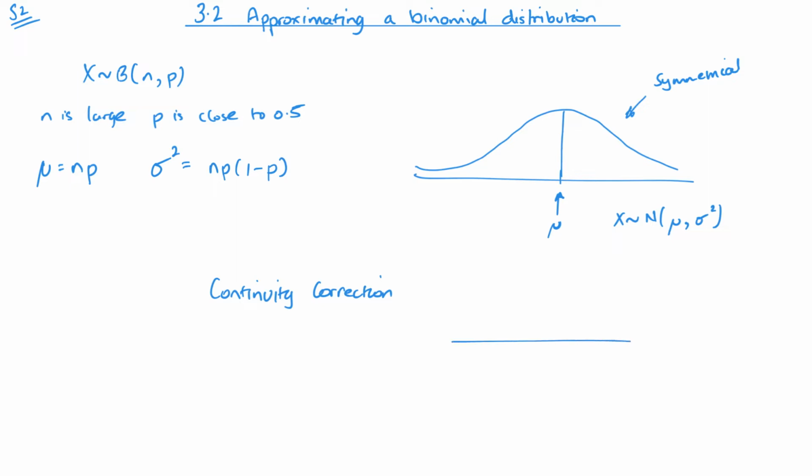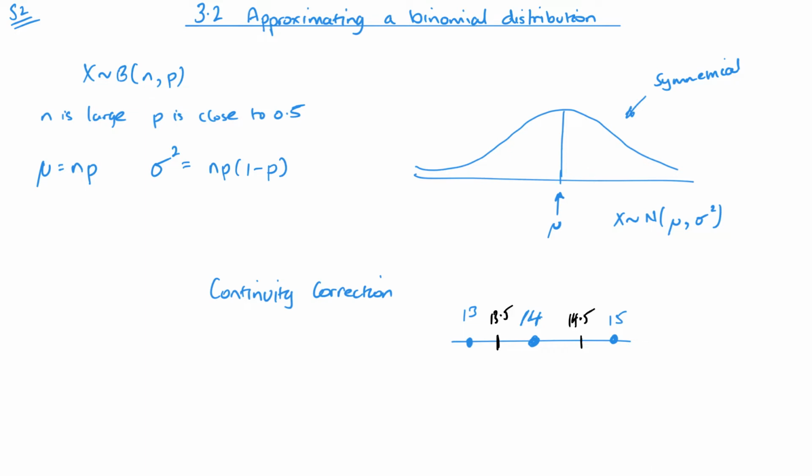In layman's terms, whatever I'm looking at in my discrete data, my binomial, there are specific values either side of it. However, a normal distribution is continuous, so it includes the values that come in between them. So what I need to do is consider those values in between.